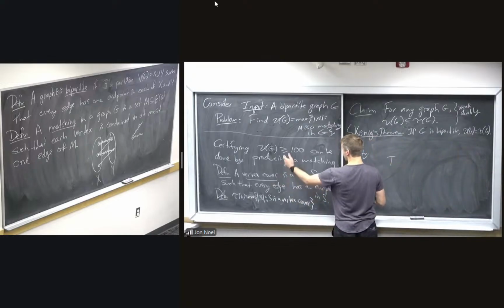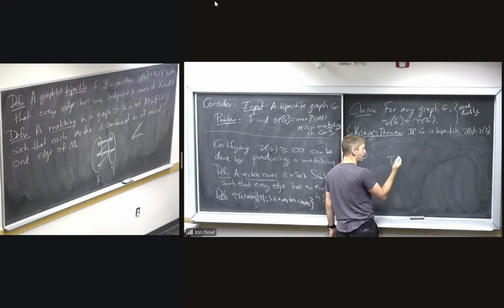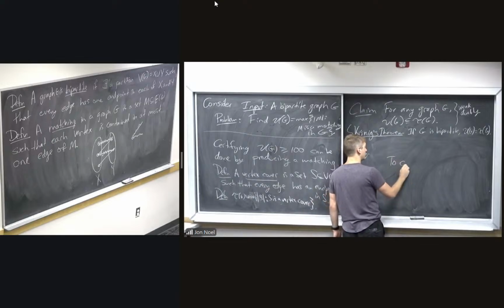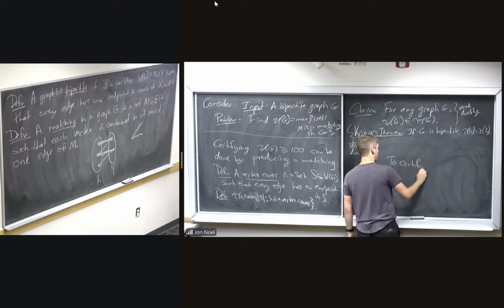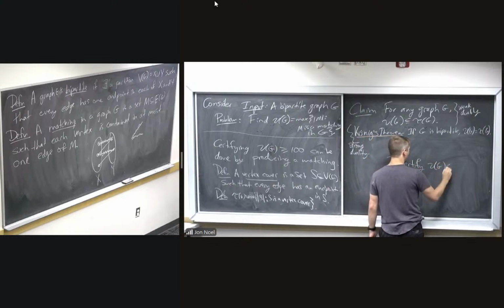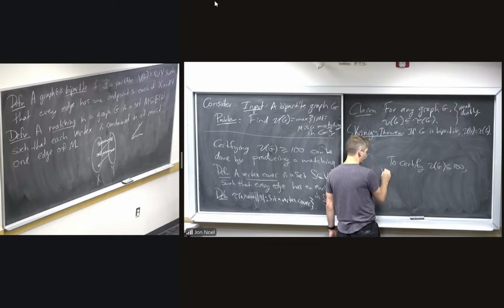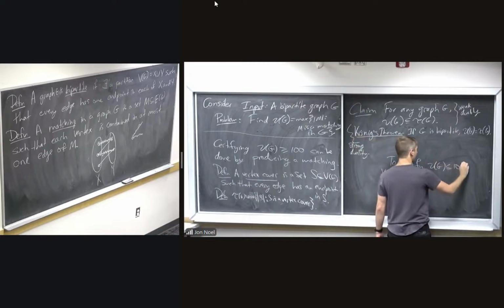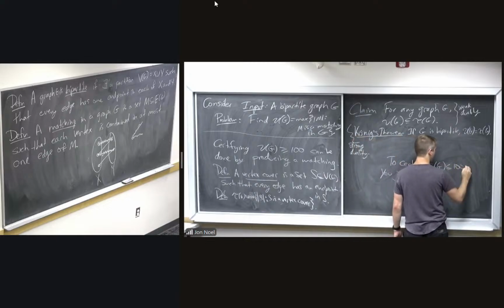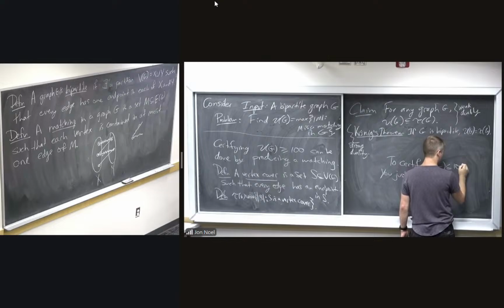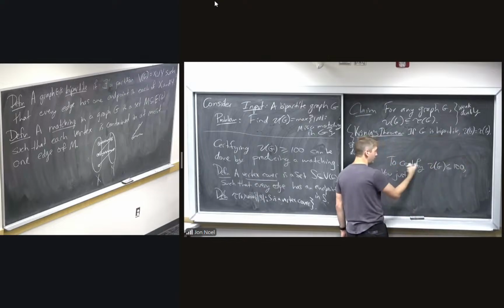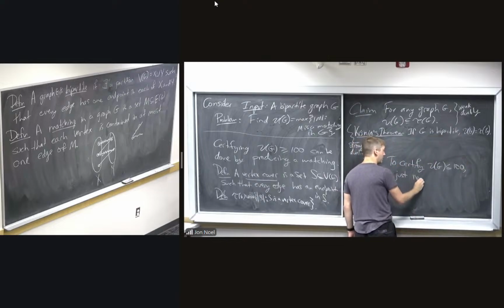Like we said, to certify that the matching number is large, I just find a big matching. To certify that nu of G is at most 100, in general you could do this by finding a vertex cover of size 100.